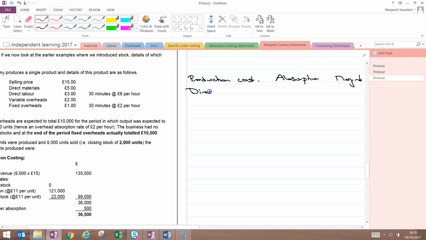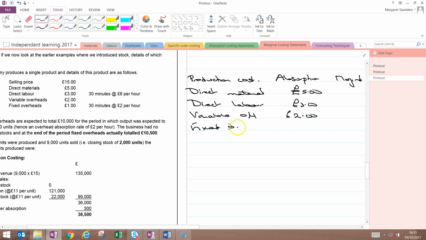So direct material is £5, direct labour £3, variable overheads £2, fixed overheads £1.